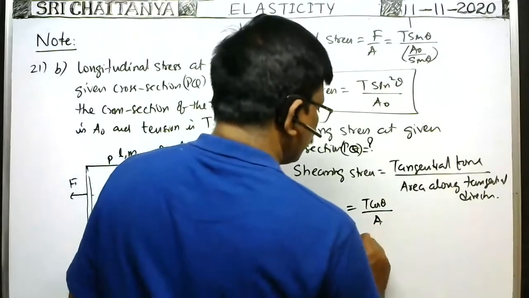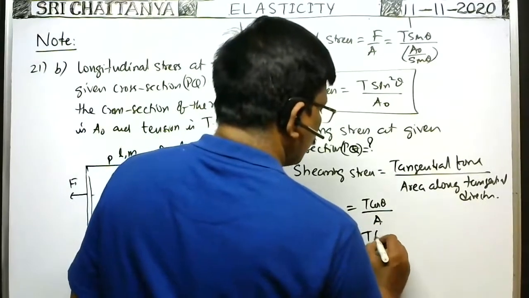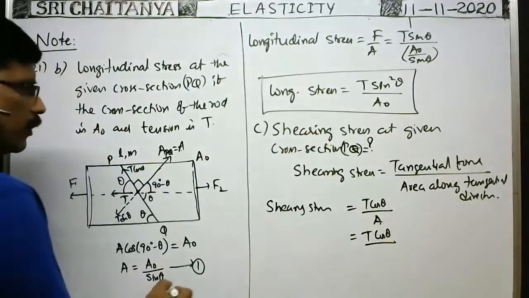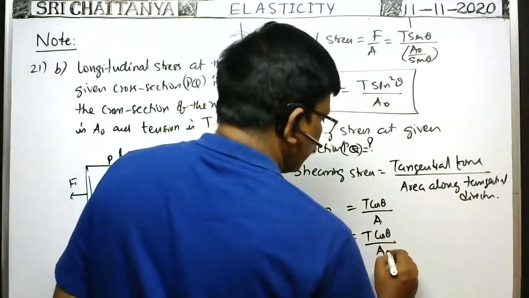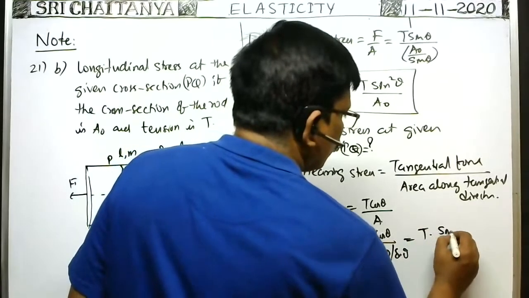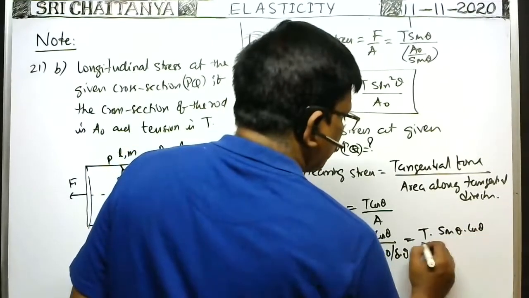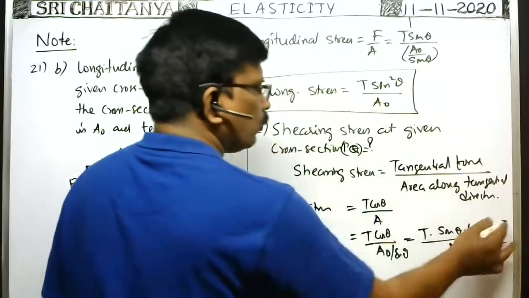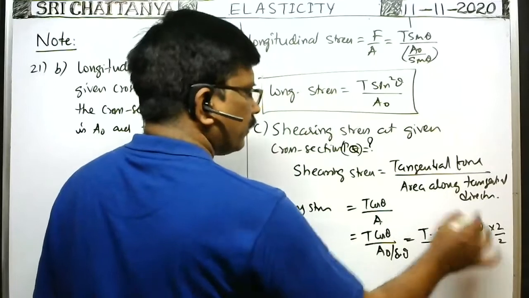This is equal to T cos theta by A. Already we got A is equal to A naught by sin theta, so you write A naught by sin theta. That is equal to T sin theta cos theta by A naught. Multiply with 2, divide with 2. 2 sin theta cos theta means sin 2 theta we can write.